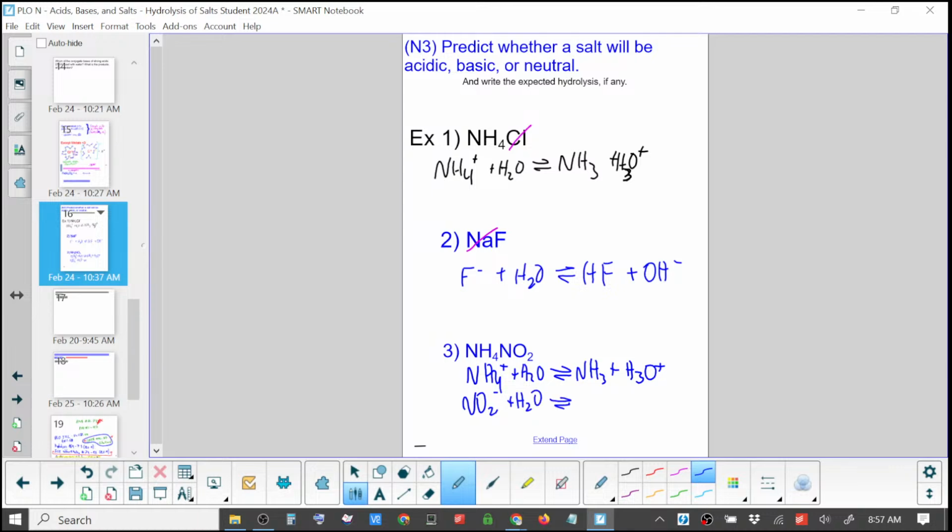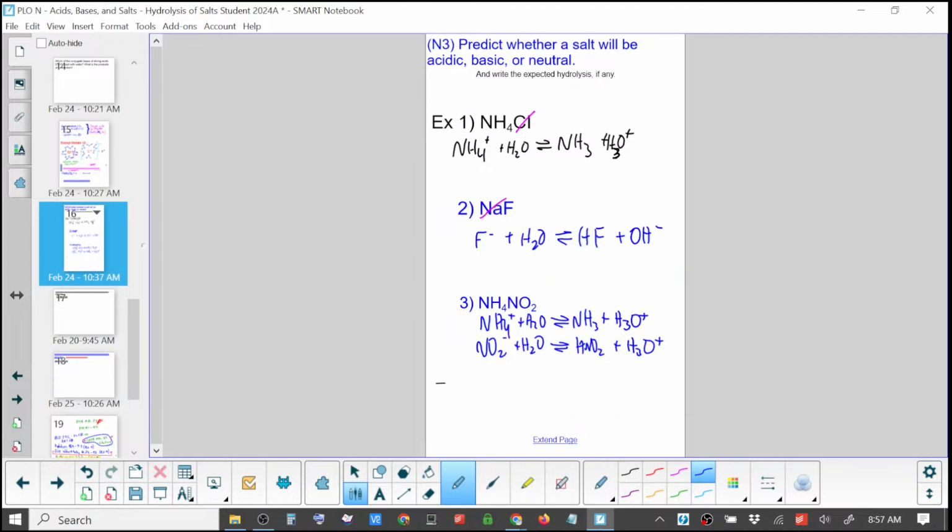Then this equals something times 10 to the negative 9.